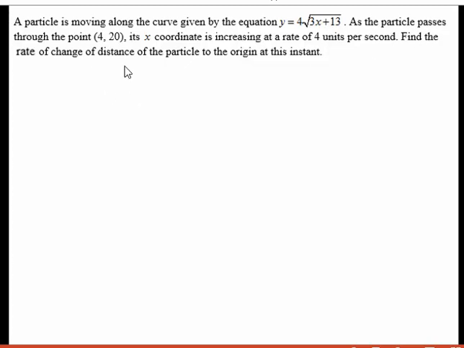Find the rate of change of the distance of the particle to the origin at this instant. Given y equals the function, x equals 4 and dx/dt is 4. If x is 4, then y is 20, so we write that there.